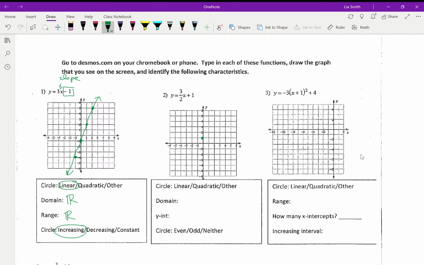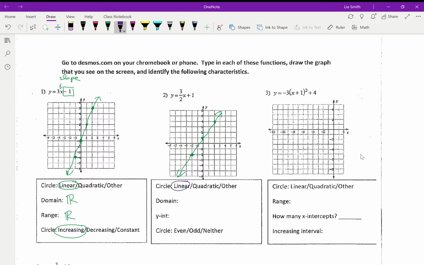So 1, 2, 3 over 2, yay! Wait, is that right? 1, 2, 3 over 2, that doesn't look straight. Maybe my eyes are just playing tricks on me. Okay, so there's my graph.